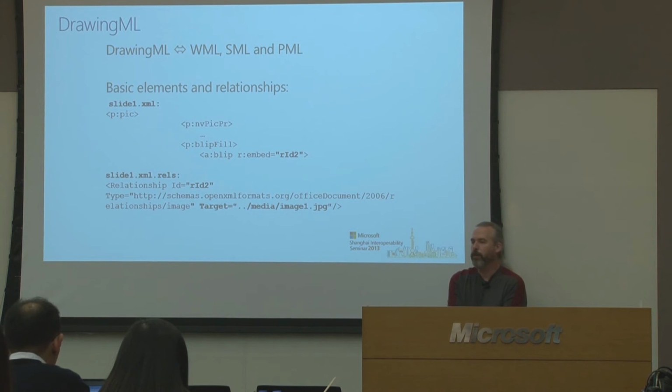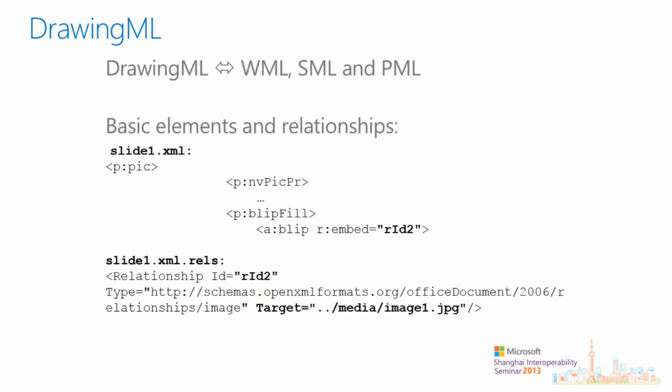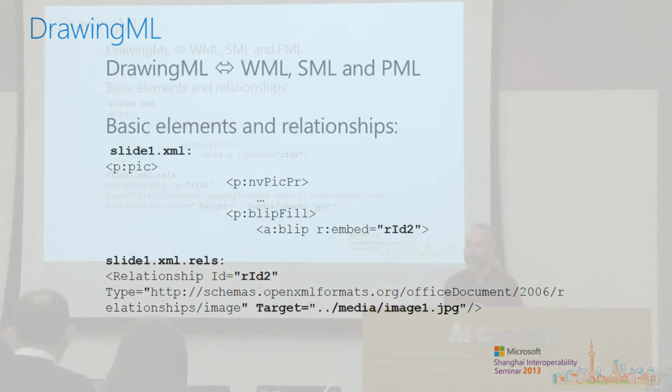So DrawingML is used by all three of the markup languages, as I mentioned before, and it has some interconnectedness, just like with ODraw and the binary file formats. For each ML it's a little different. They use slightly different naming. All three of the MLs can make use of basic DrawingML elements to add shapes and images and charts and things to their documents.